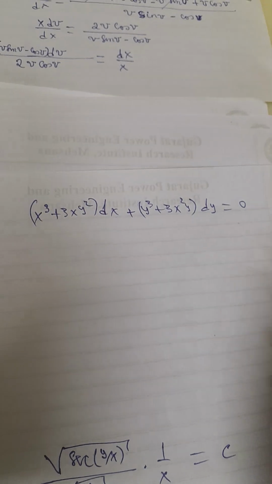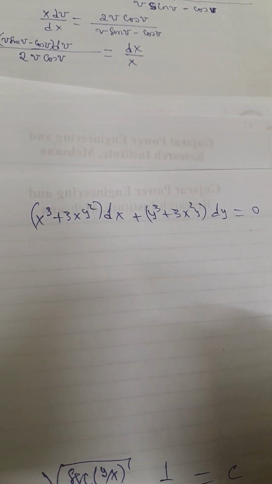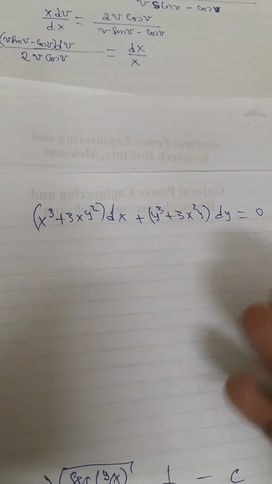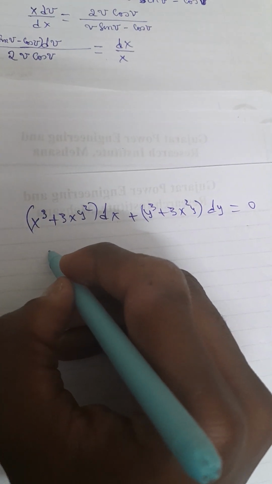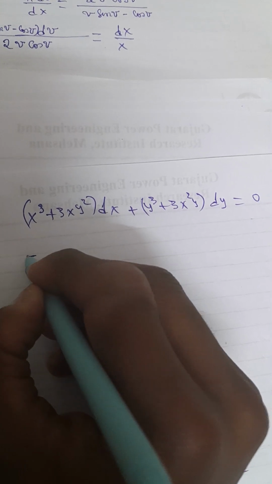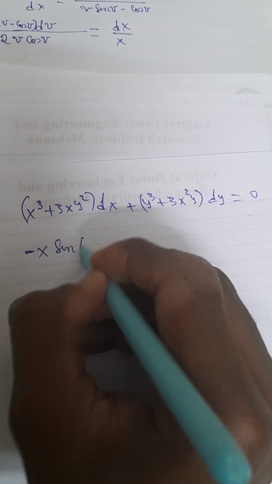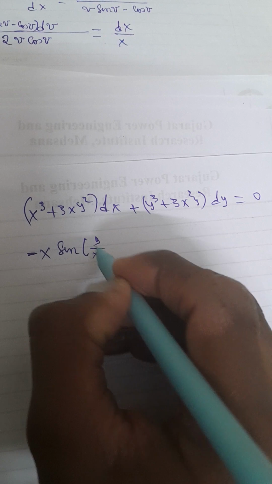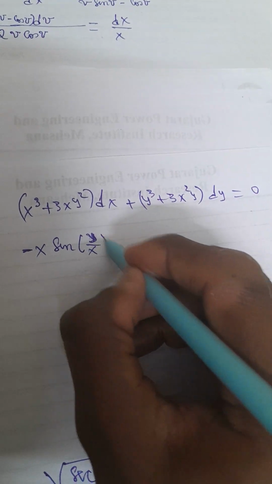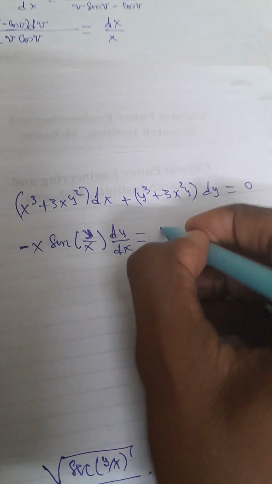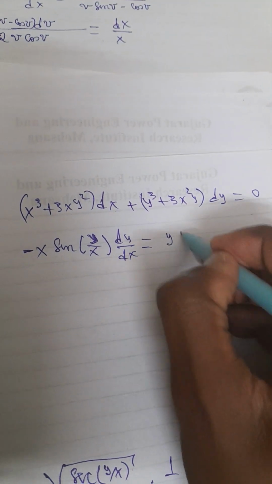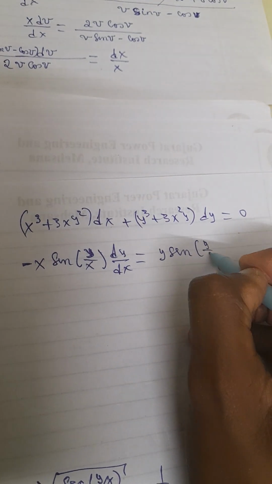Or you can also try this one: dy upon dx equal to y sin of y upon x minus x, over x sin of y upon x.